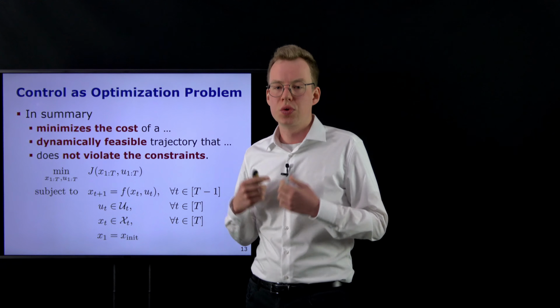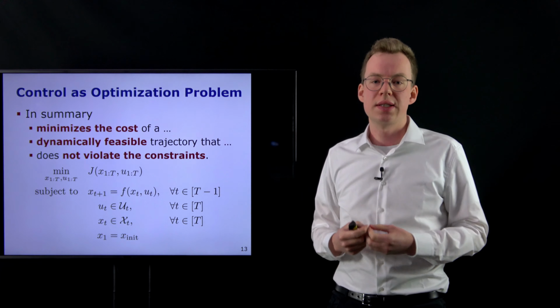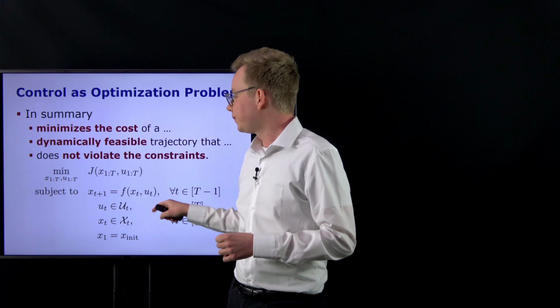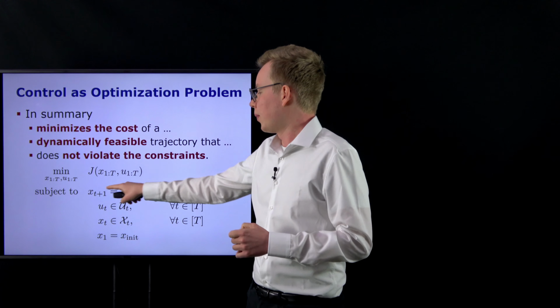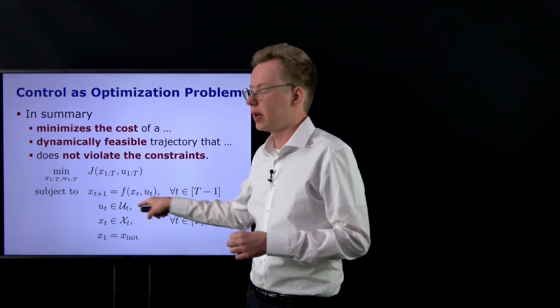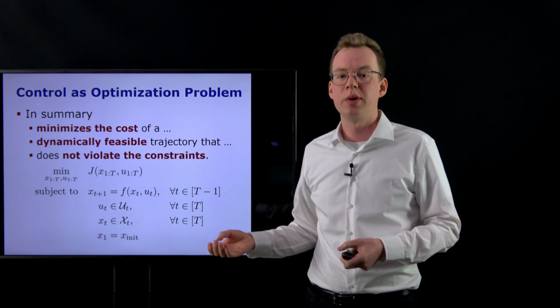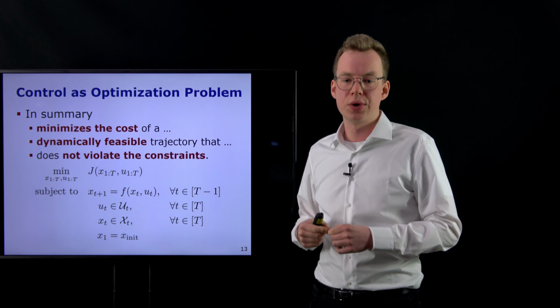But we are not allowed to choose arbitrary states and inputs, but rather they must be consistent with the dynamics that we've chosen. That is, we have constraints that each of the next states must correspond to our dynamics model. So the trajectory must be dynamically feasible. It must be achievable by the system model that we took.